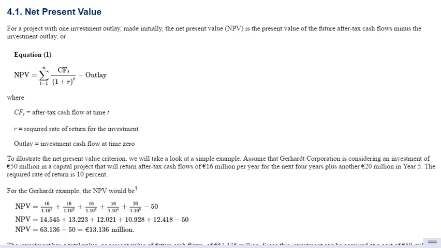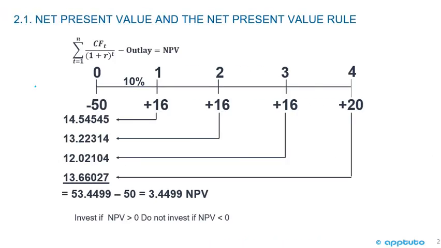So for the Gerhardt example, the NPV would be the sum of the present value of 16 million discounted at 10% for 4 years, plus the 20 million discounted at 10% in the 5th year, minus the 50. So we can see they've done the algebra there. The NPV equals 13.136 million euros.